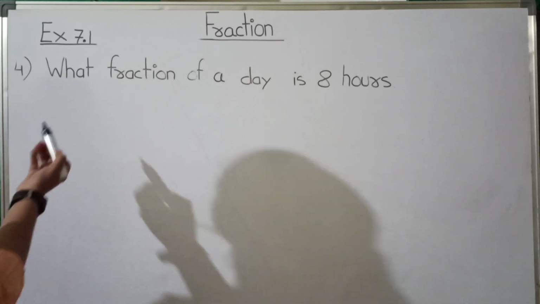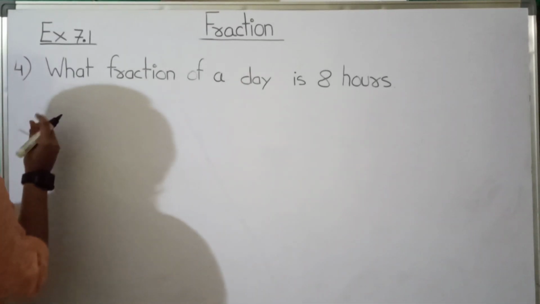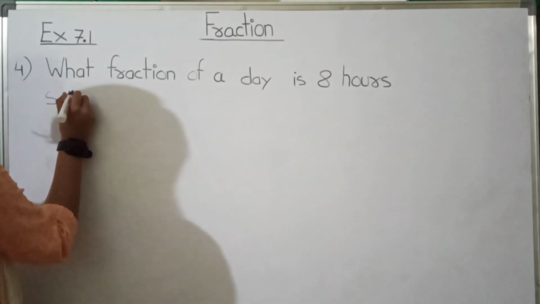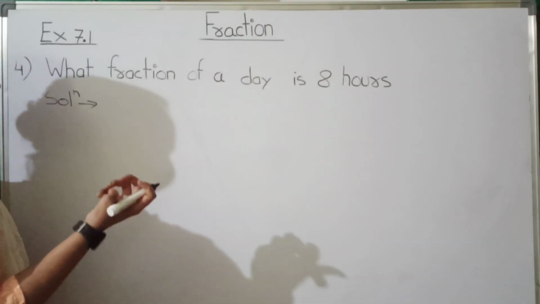So the fourth question is given, what fraction of a day is 8 hours? So we know that what fraction of a day is 8 hours. So solution will be, there are how many hours in a day?